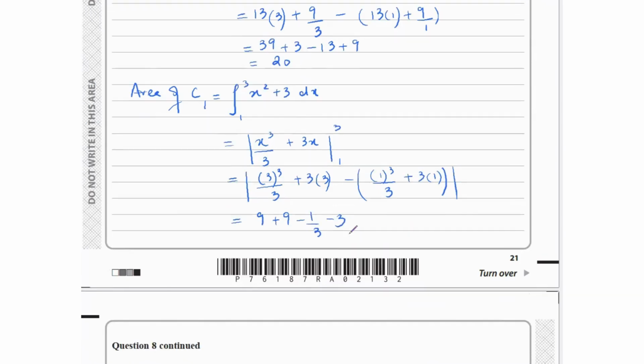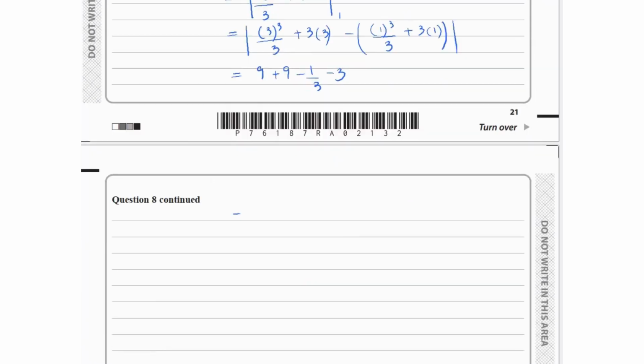That gives us 44 over 3. So R is going to be 20 minus 44 over 3, which is 60 minus 44 over 3, and that is 16 over 3. That's your answer.